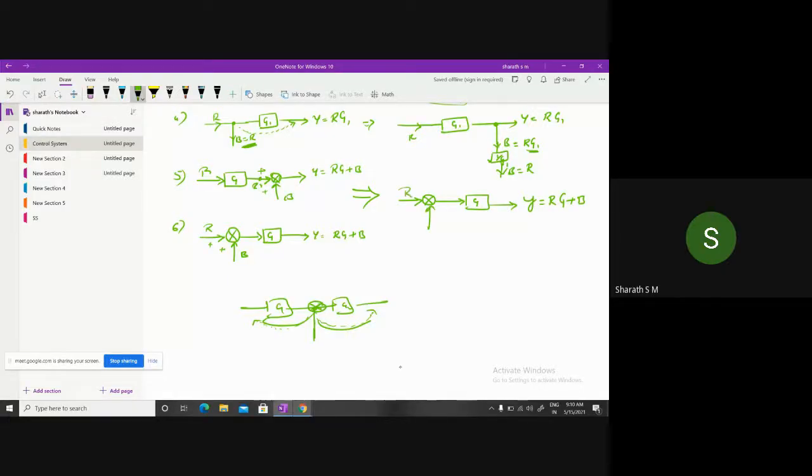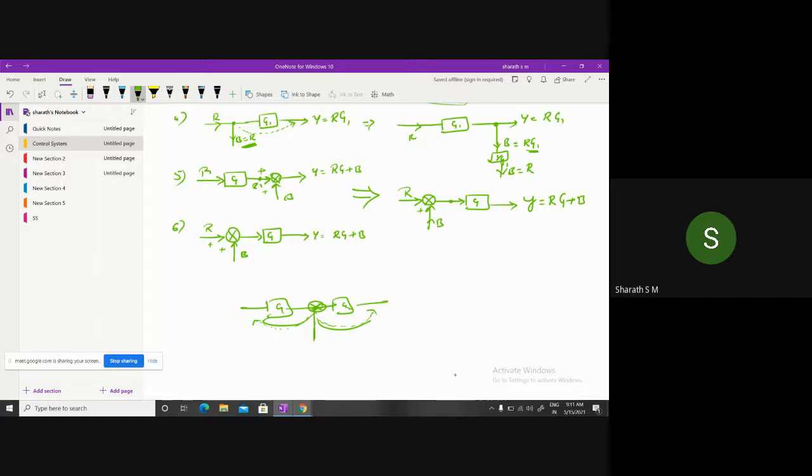So here we have r. And now here we have a temporary variable b. So at this particular position, if it performs the summation operation, what's the output here?